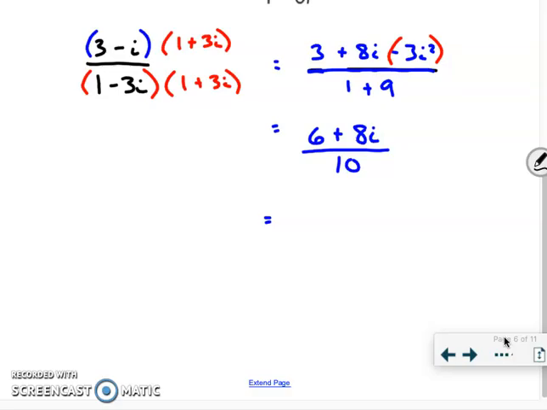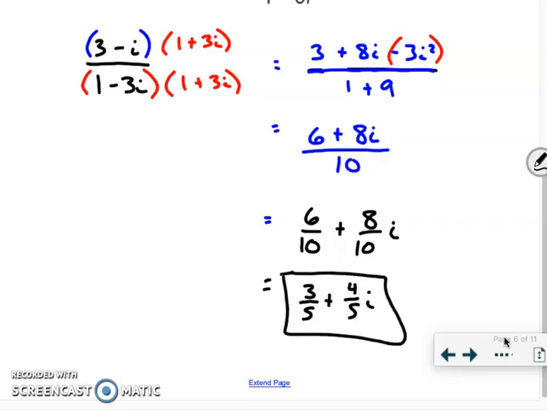Standard form would literally ask you to put 6 over 10 plus 8 over 10 i. And then to finalize this, we're just going to reduce fractions. 6/10 is going to be 3/5 plus 4/5 i. That will be our final in standard form.